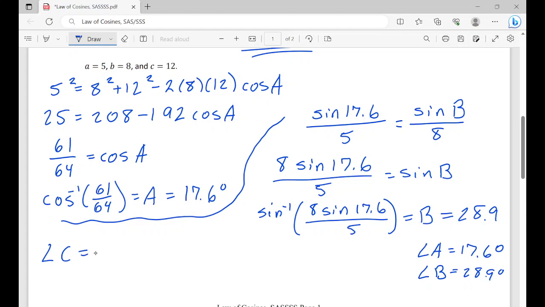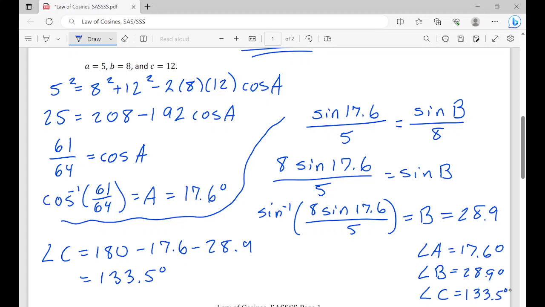Angle C is just going to be 180 minus 17.6 minus 28.9, which gives me angle C as 133.5 degrees. So here is the answer, the missing 3 angles given these 3 sides.